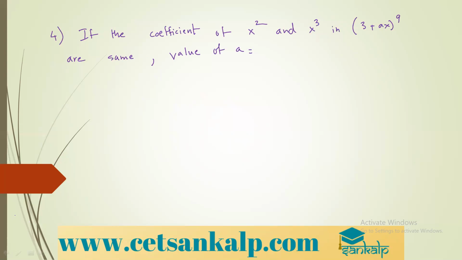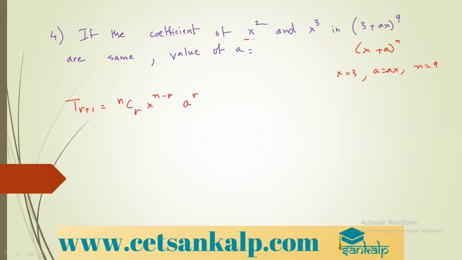That's the question. So again, I will take the formula (x plus a) whole power n. X is 3, a is ax, the power n is 9. I will take the general term T r plus 1, nCr, x power n minus r, a power r.